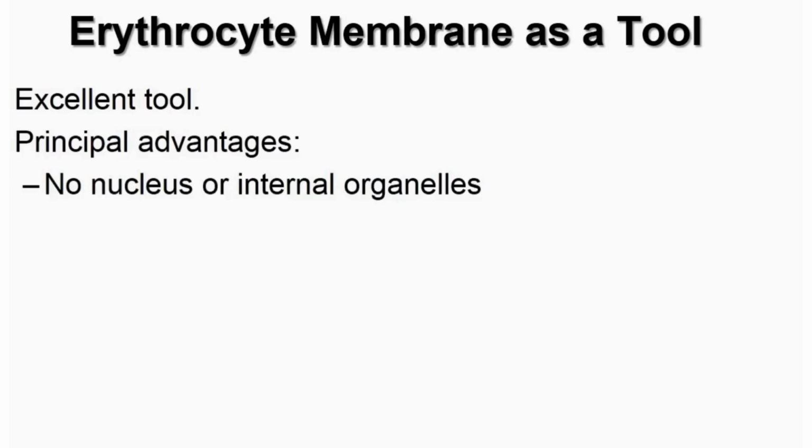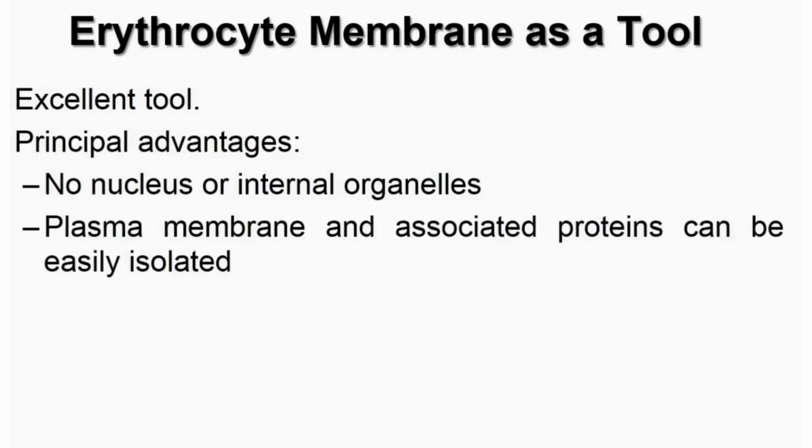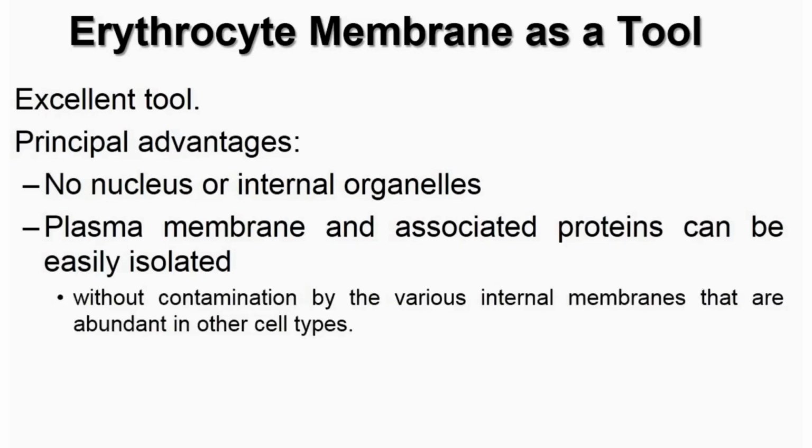Some of the principal advantages of using the erythrocyte membrane as a tool are these: the erythrocyte doesn't have a nucleus or internal organelles. The plasma membrane and associated proteins can therefore be isolated easily, even without contamination by the various internal membranes that are abundant in other cell types.